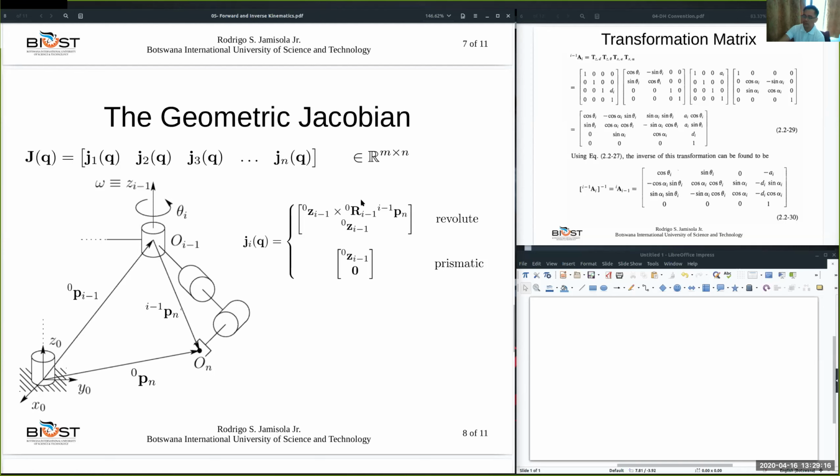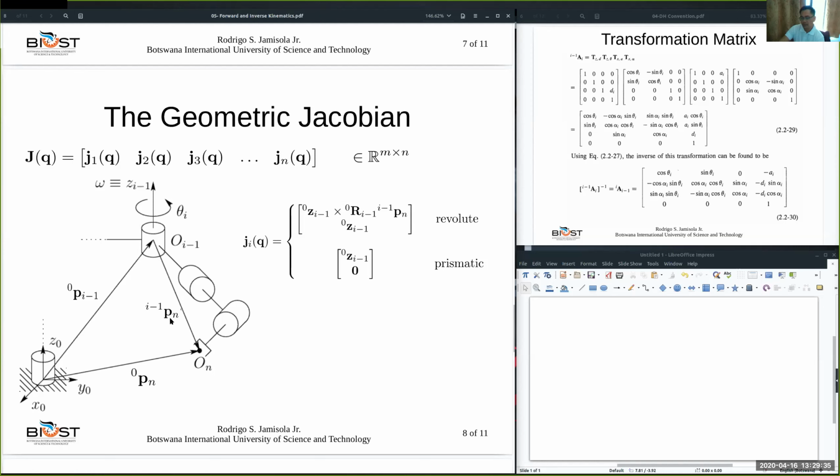Okay, so that's how we do it. And so what about the rotation here for 0Ri-1? It's because we need to express P(i-1)n, the vector from i-1 to n, with respect to the base frame.